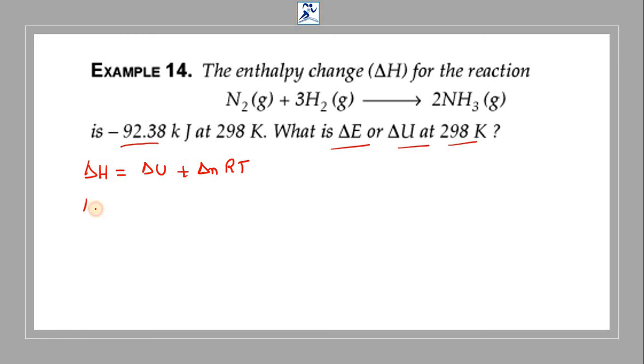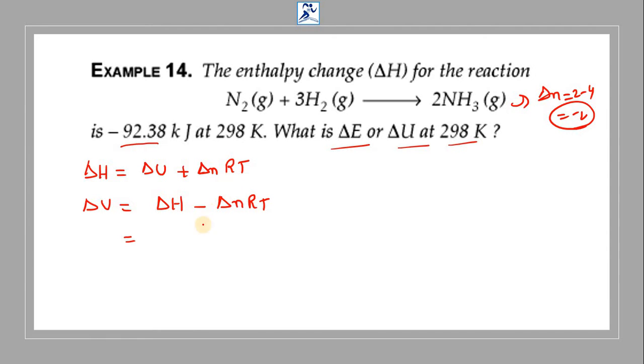But we want delta U only, so delta U equals delta H minus delta N RT. For this equation, delta N will be 2 minus 4, which is minus 2. So you will substitute minus 2 in place of delta N.